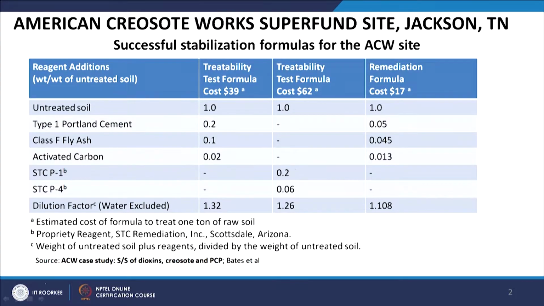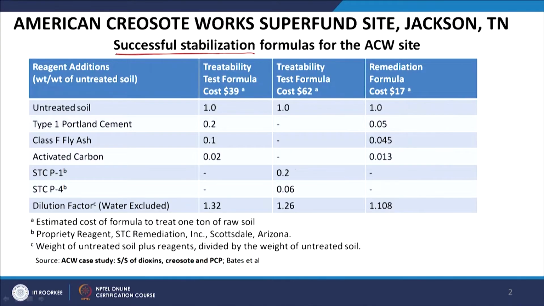So here we looked at successful stabilization formulas. Again, we are not going to look at the technical aspect here. When it's deemed to be a successful stabilization formula, we understand that the relevant physical and chemical changes that we want to bring about were successful, right.